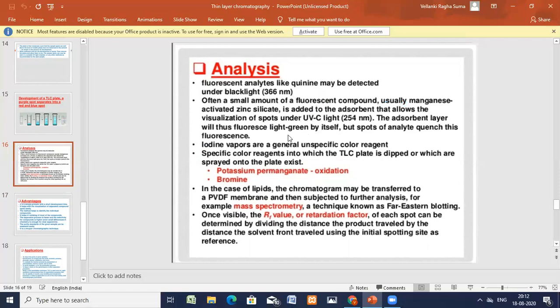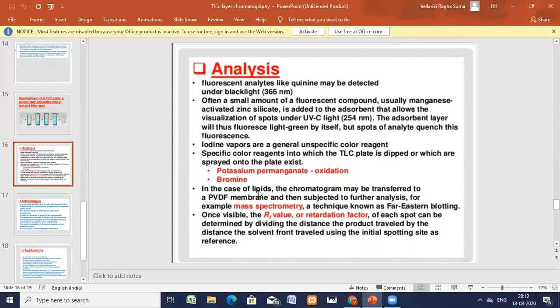The adsorbent layer will fluoresce light green by itself, but the spots of the analyte quench this fluorescence. Iodine vapors are also generally unspecific color reagents. Specific color reagents, into which the TLC plate is dipped or which are sprayed on the plate, also exist: potassium permanganate, where oxidation takes place, and even bromine.